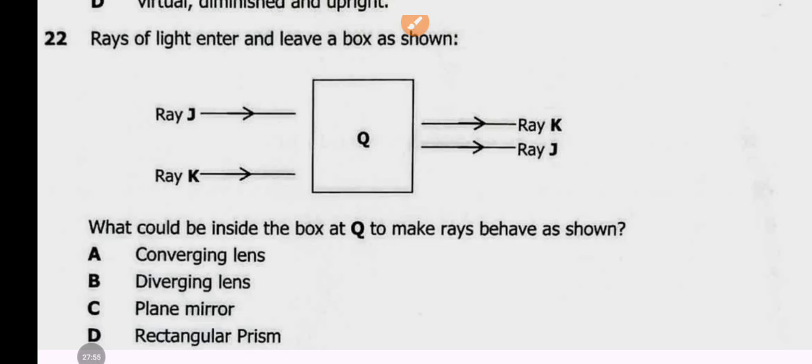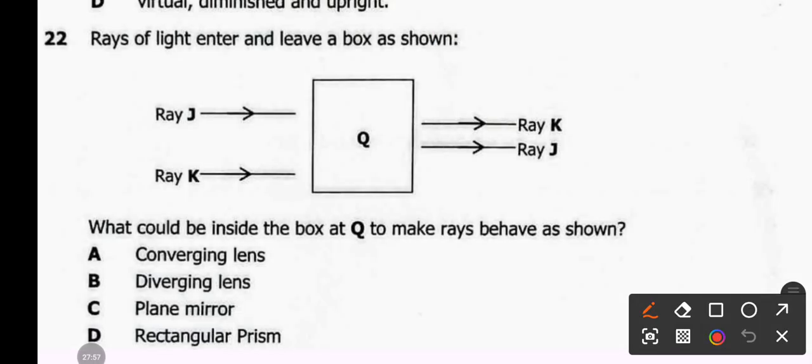converging lens. If it were a converging lens, we know the characteristic of a converging lens is that it makes light rays come at a point. And this point is actually called the principal focus.